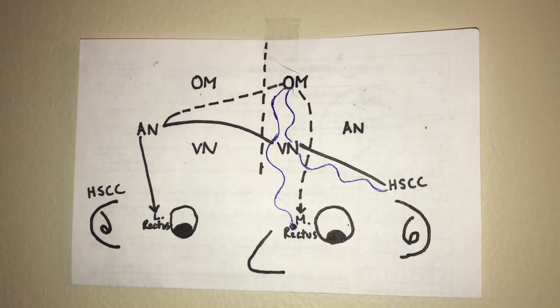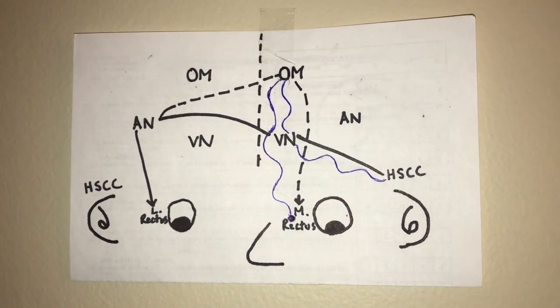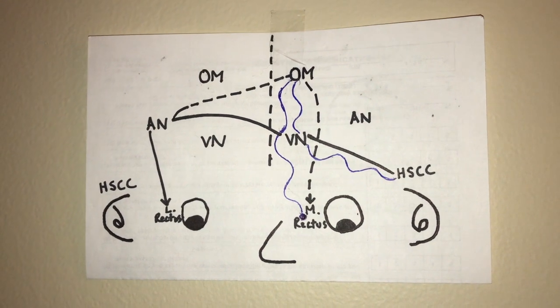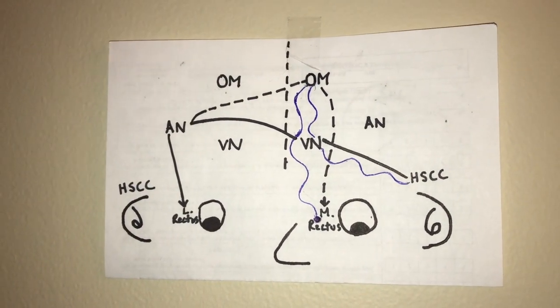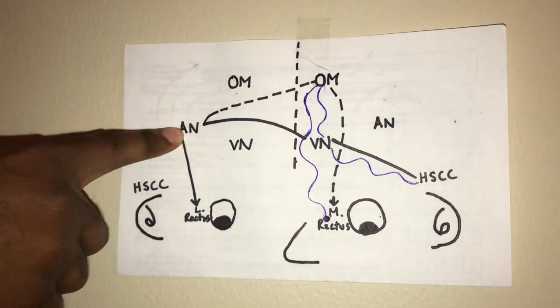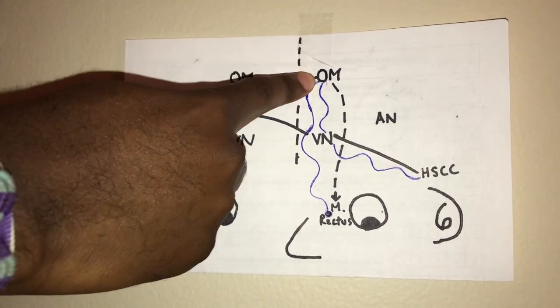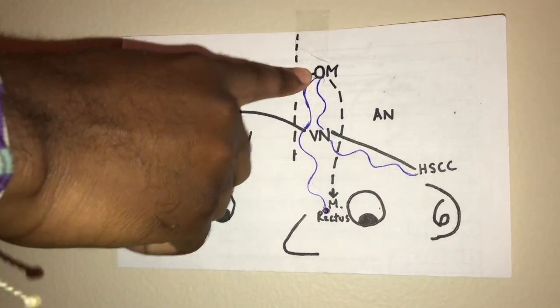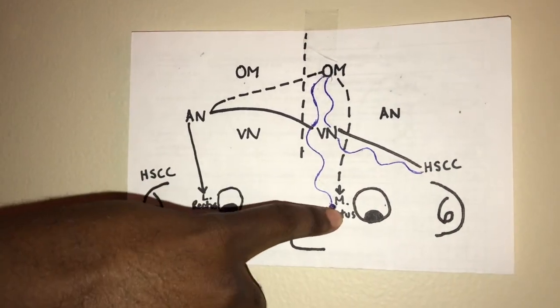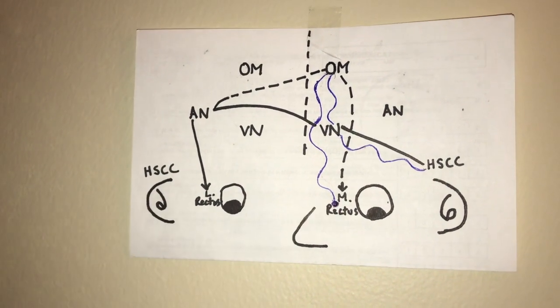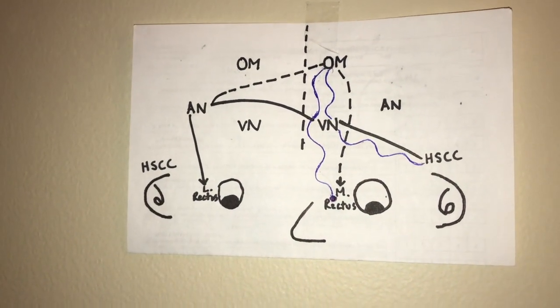Reflex arc 2, noted here by the dashed line, sends a contralateral signal from the abducens nerve over to the ipsilateral oculomotor nucleus. The oculomotor nucleus then sends a signal down to the ipsilateral medial rectus, which adducts the eye.